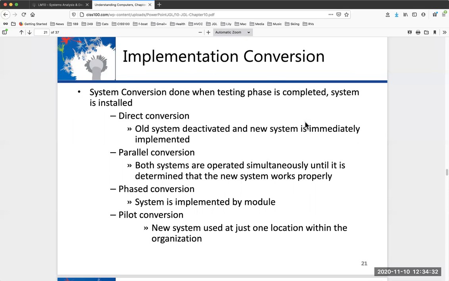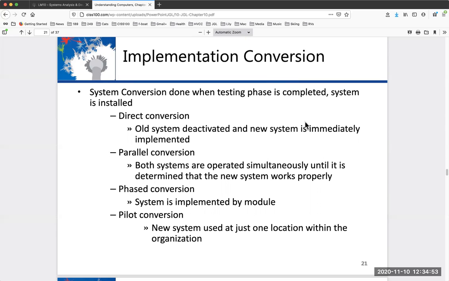Now, maybe you've planned, maybe there are certain times of the year when you have less load on your system. But again, you probably tested the new system in simulation. But again, it's through simulation. Who knows what will happen in the real world? So direct conversion, again, your last resort.